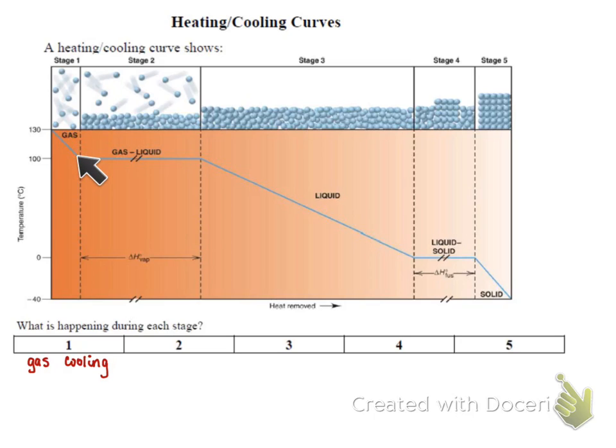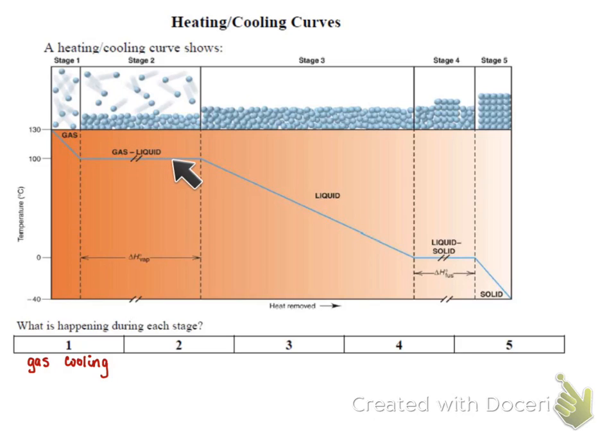The slope is going to be negative until it gets to 100 degrees. Because at 100 degrees, it starts to condense, because 100 degrees is the boiling/condensing temperature for water. And as it changes phases, as it condenses, the temperature is constant.